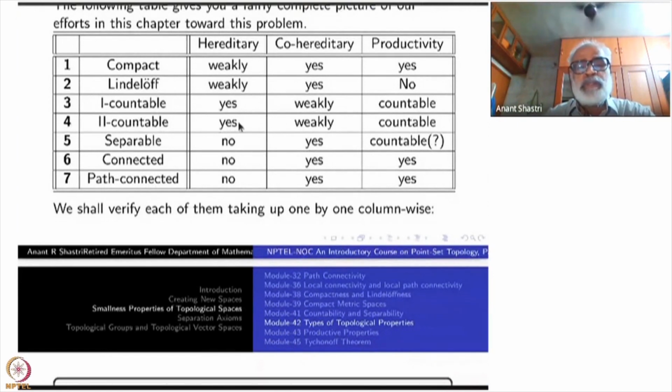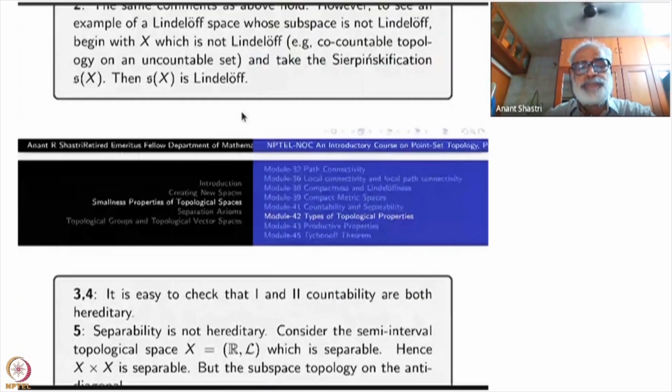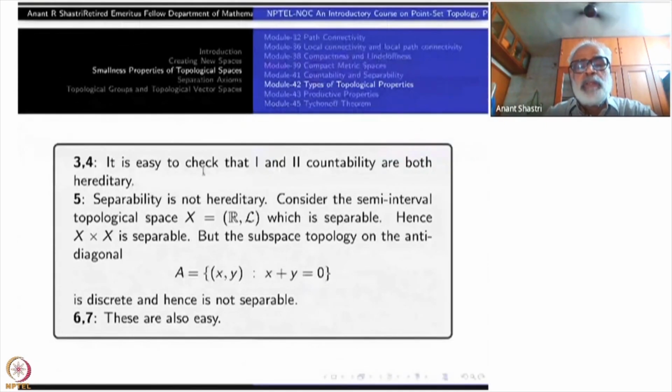First countable and second countable. This is easy to check, that both first and second countability are hereditary. Let me do it for second countability. First countability you can do exactly the same way. Take a countable base for a topology.